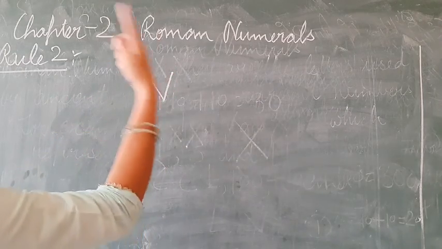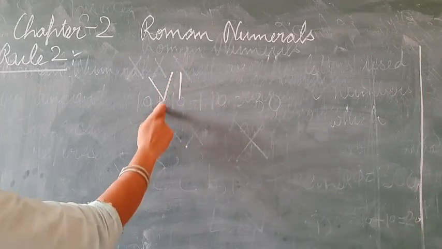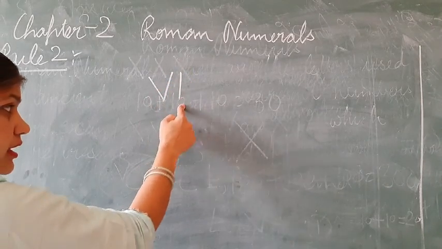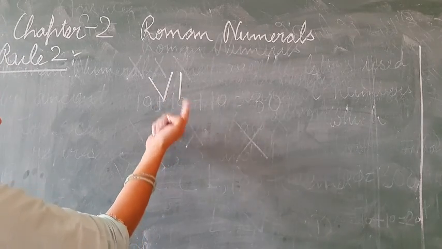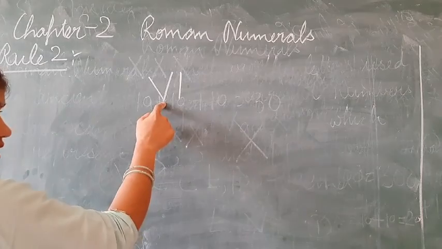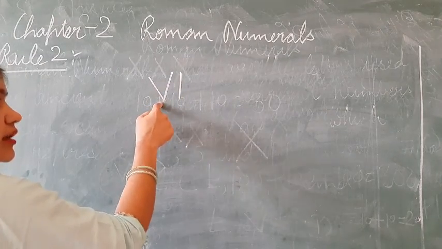If a smaller numeral is written on the right of a greater numeral, then this smaller numeral is added to the greater numeral.